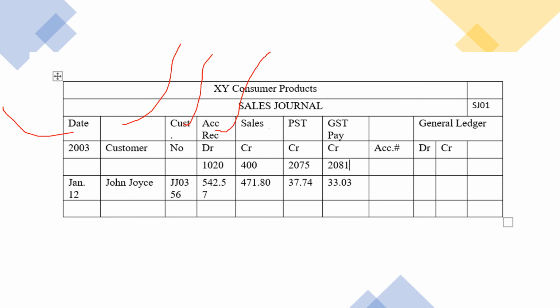So we have the sale, which is $471.80, and then we can record our PST and also record our GST.